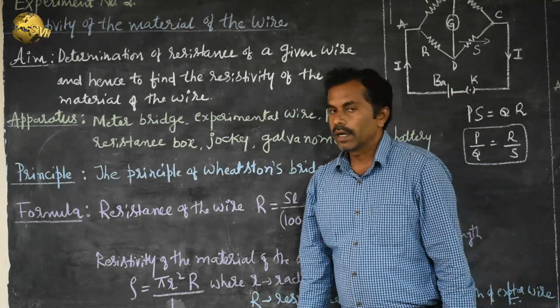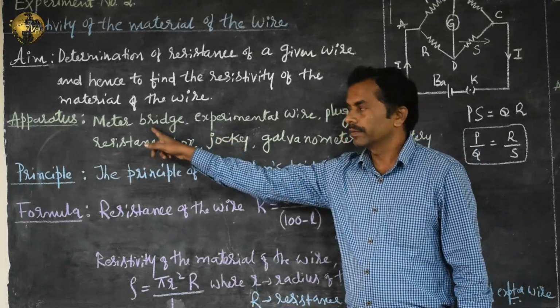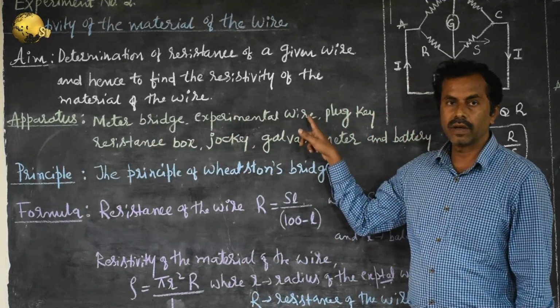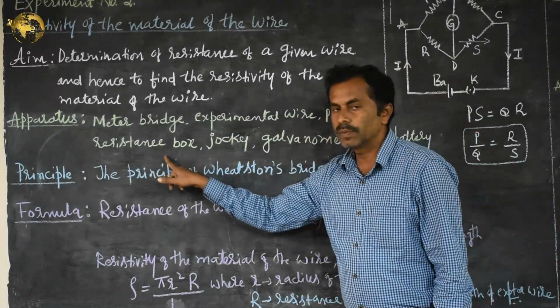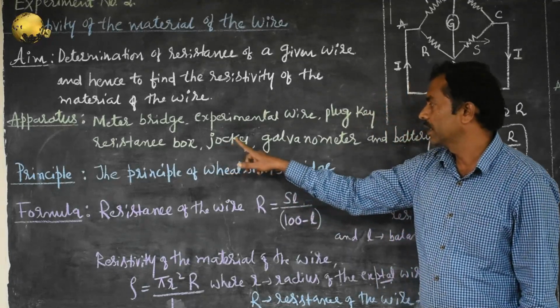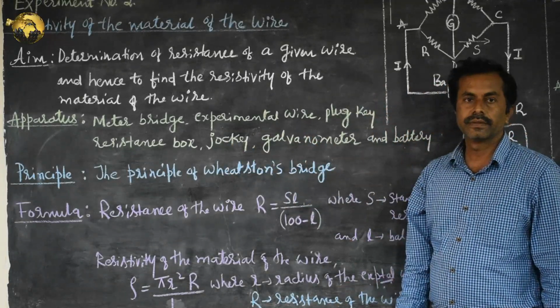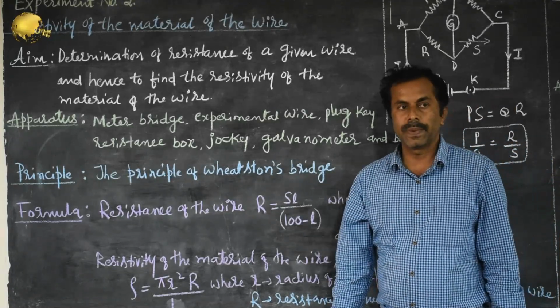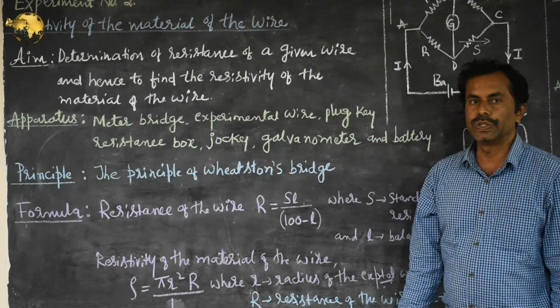The apparatus required to do this experiment are meter bridge, experimental wire of 1 meter, plug key, resistance box, jockey, galvanometer, and battery. The principle involved in this experiment is Wheatstone bridge.